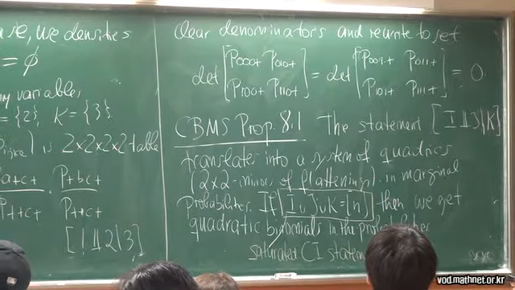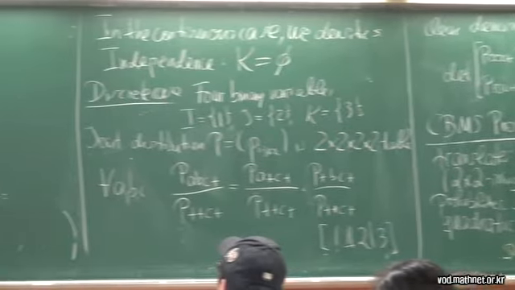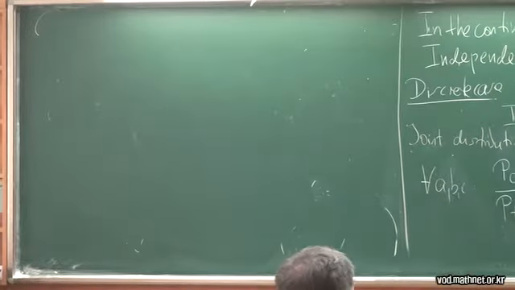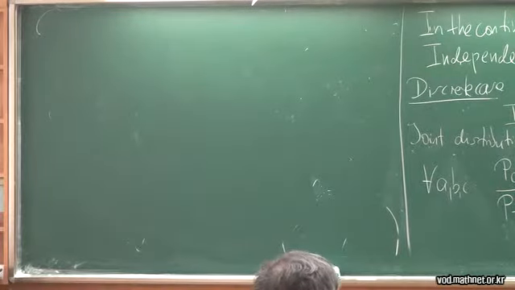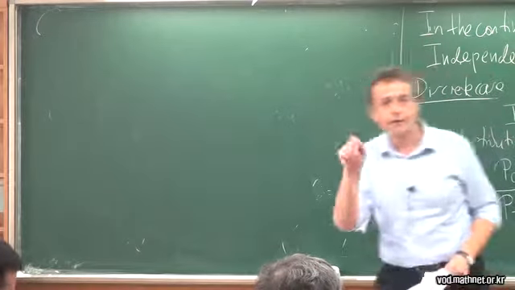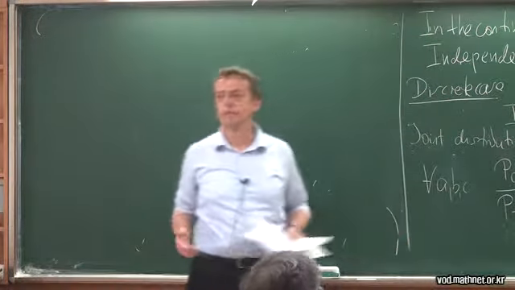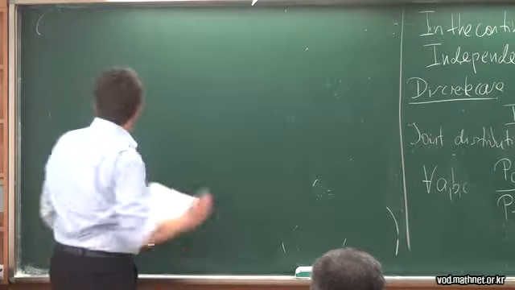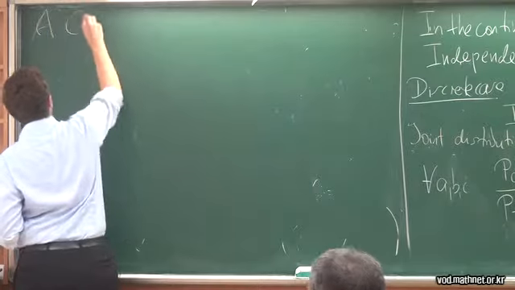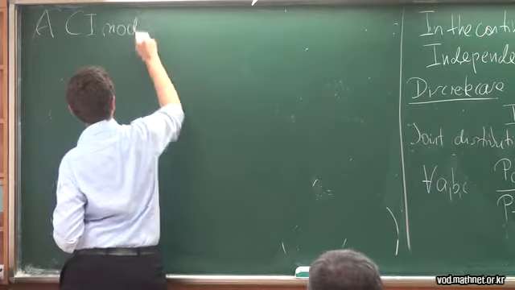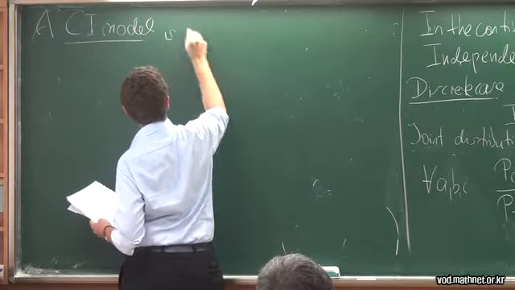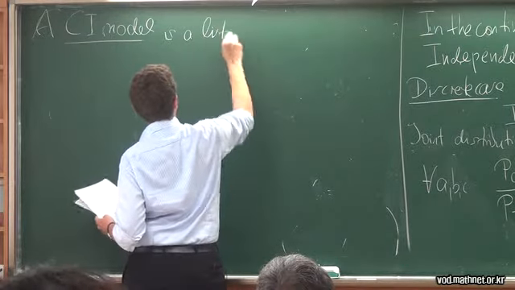So you make a list of these statements, then you have to write down these matrices, and then you get quadrics. And I think there's a Macaulay 2 package, right? Where you just draw the graph and it makes this ideal for you. But it's good to practice on a small example. So then in general, by a conditional independence model, we will mean a list of conditional independence statements.